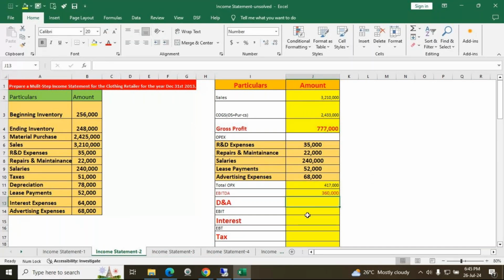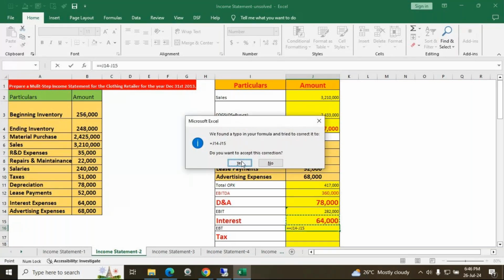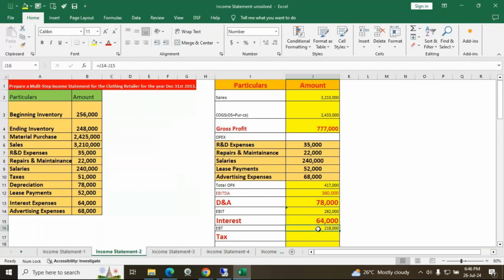So D&A, that is depreciation, is 78,000. EBIT will be EBITDA minus the depreciation value. Interest will be 64,000. EBT, earnings before tax, will be EBIT minus 64,000. Then tax will be 51,000.